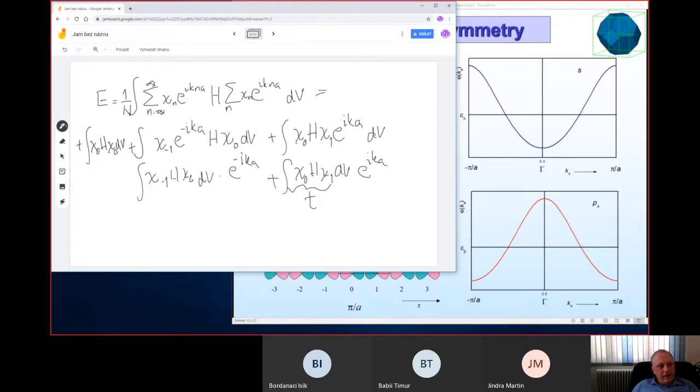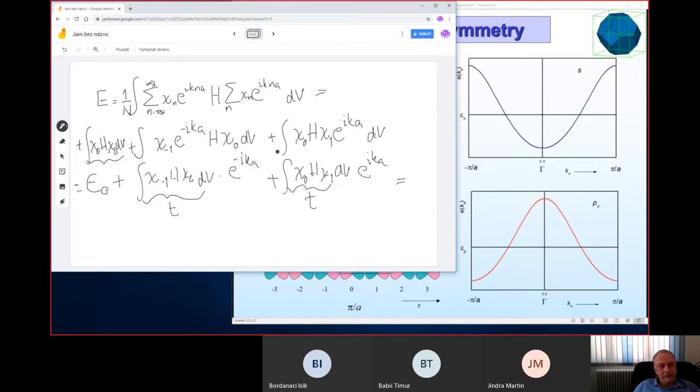And this first part is equal to the energy E0 of the original atomic orbital, plus, and this integral is equal to t, and this one is equal also to t. And it's a measure of covalent interaction between the nearest neighbors, and it is called resonance or transfer or hopping integral.